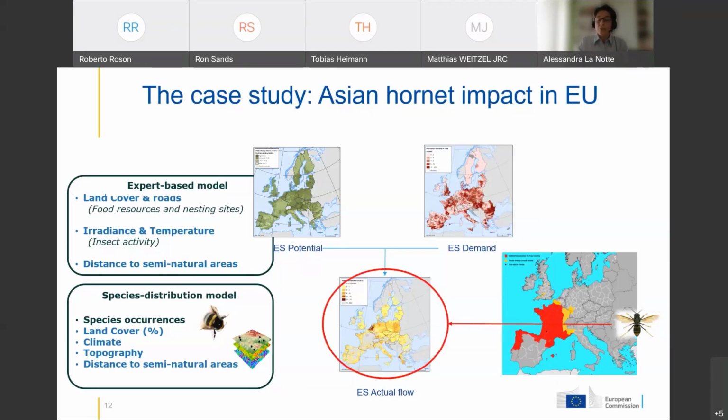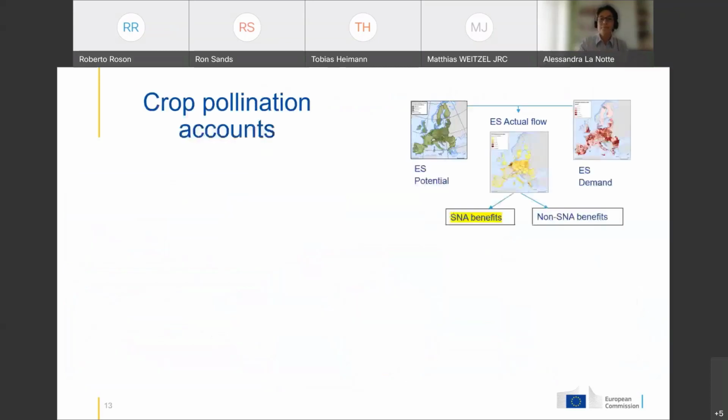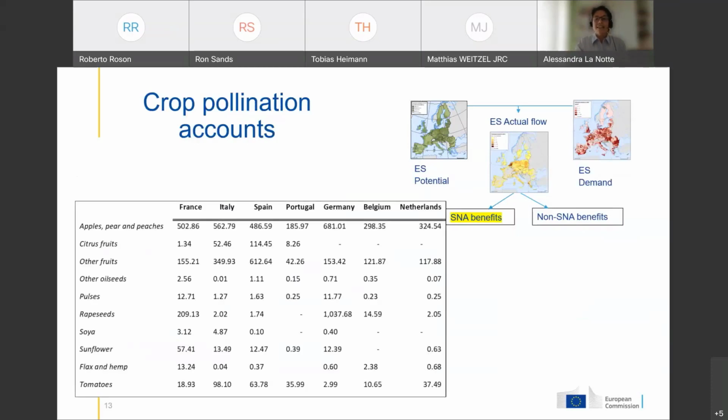And what is going to be impacted is really the ecosystem contribution in terms of pollination to crop yield. So the starting point is that we know which are the regions within the countries that are affected by the presence of the Asian hornet, and we also know which are the pollinator-dependent crops.